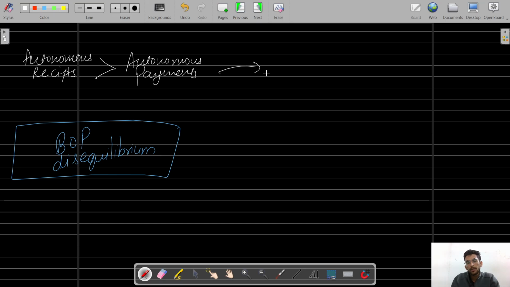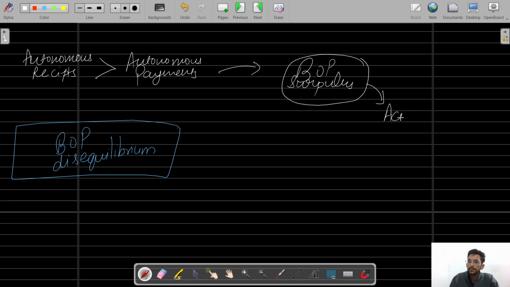When balance of payment is in surplus, accommodating items will increase. In simpler terms, our exchange reserves will increase. Foreign currency reserves of India will increase when there is balance of payment surplus.